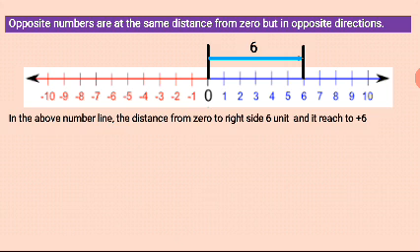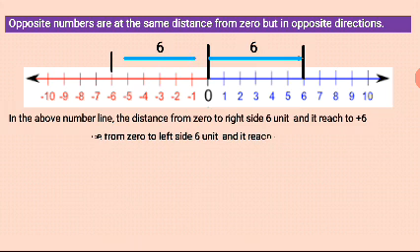In the above number line, the distance from 0 to the right side is 6 units and it reaches positive 6. The distance from 0 to the left side is 6 units and it reaches negative 6.